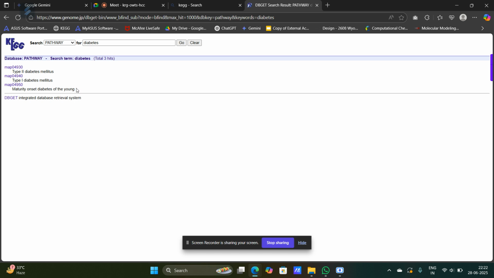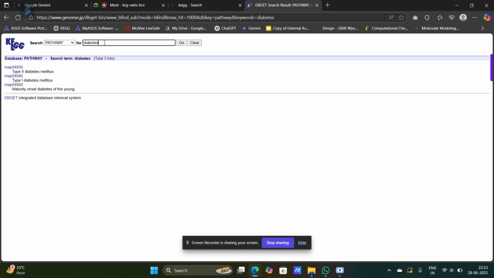Do you guys remember? I think we got the same result when we were going through the Uniprot disease and variant section for insulin. We got the same type 1 diabetes mellitus, type 2, and maturity onset diabetes of the young. Yeah, so there are multiple databases, they just link every database together.